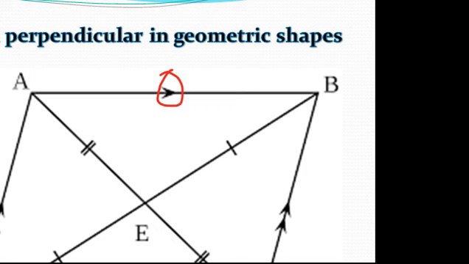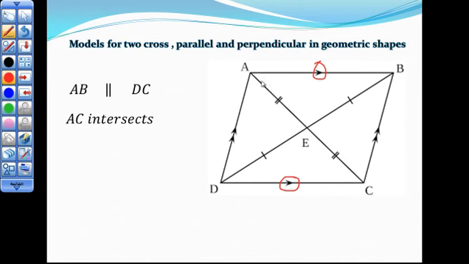Next, AC intersects. Where is AC? AC intersects what? Could you tell me? Look at the shape carefully. AC intersects BD. Yes. You are right.